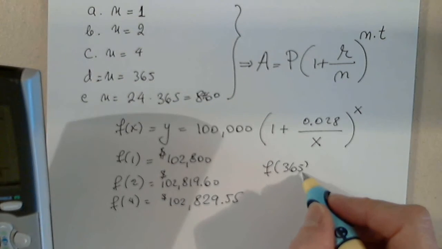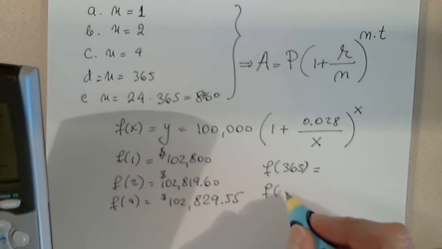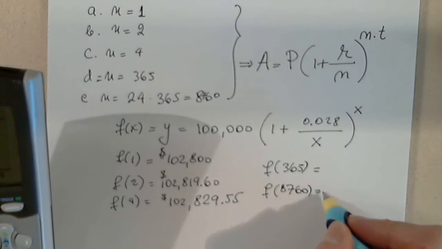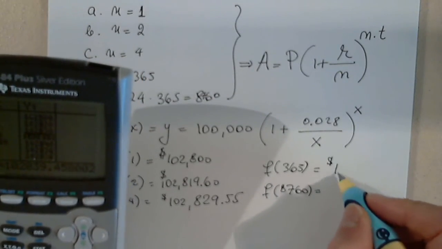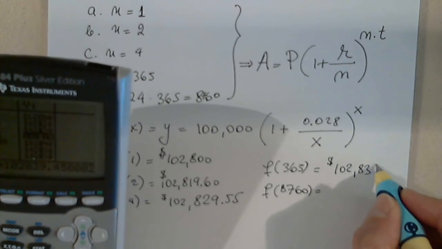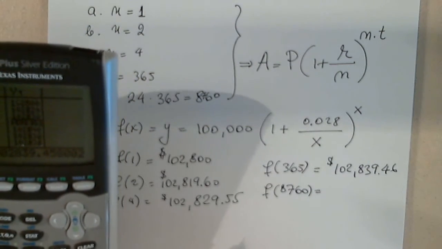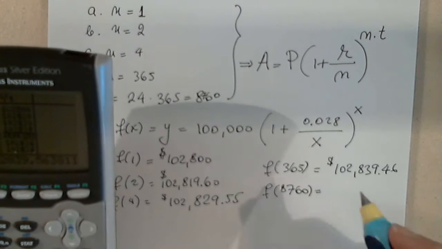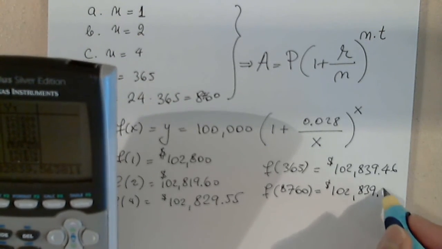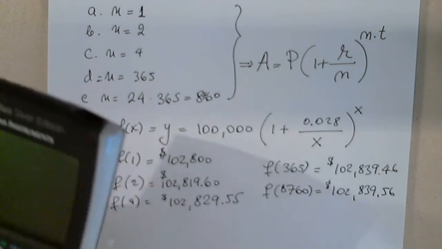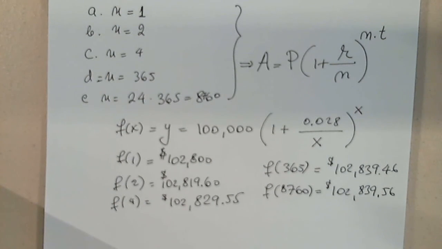F of 365, and finally f of 8,760. So f of 365 is 102,839.46. And finally, 102,839.56. That's really all I wanted to show you from R.1.